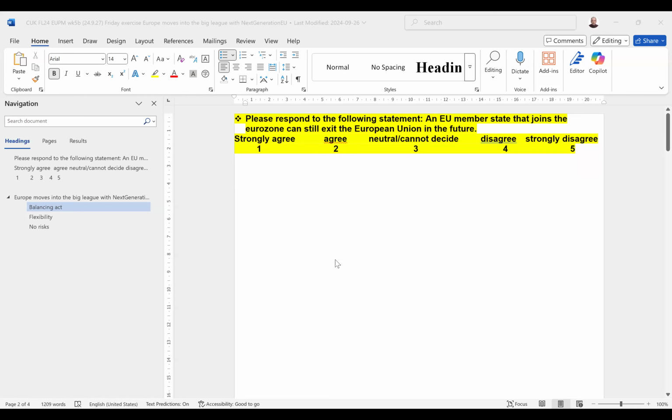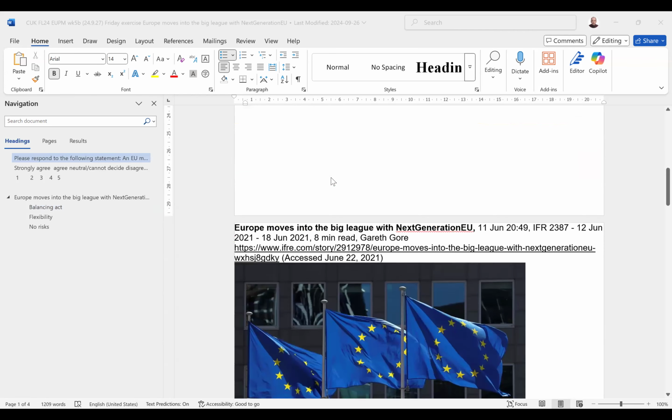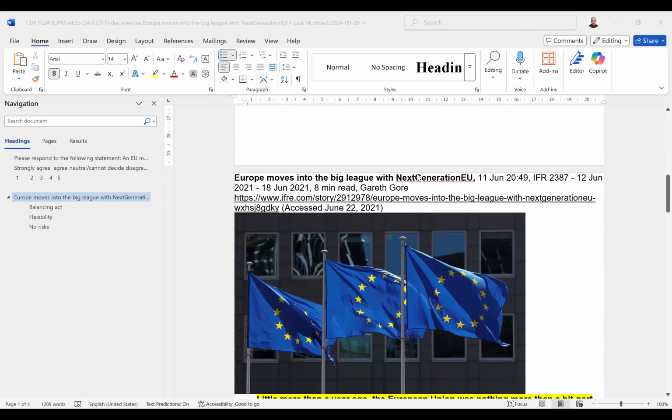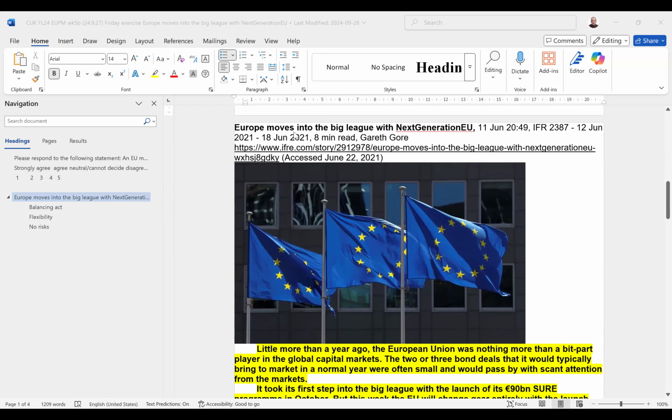And of course, we're overlapping a lot of topics here because some topics are covering policies and institutions, and we're going to talk about institutions and policies all the time. So here you can see a statement about how Europe moves into the big leagues with the next generation European Union. This was adopted again during the pandemic, so over 4 years ago.